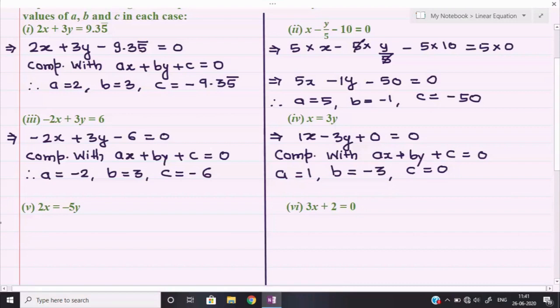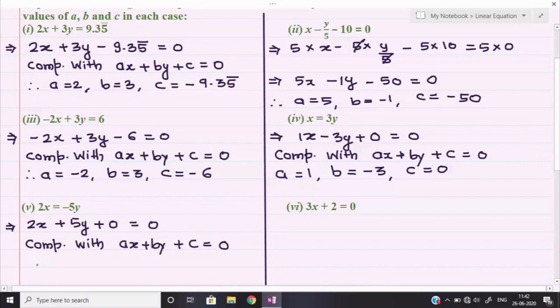Similarly, let us see part number 5. First of all, I will bring minus 5y onto this side. So 2x plus 5y. And since the constant term is not given, I will write here plus 0 will be equal to 0. Now let us compare with the same standard equation ax plus by plus c is equal to 0.